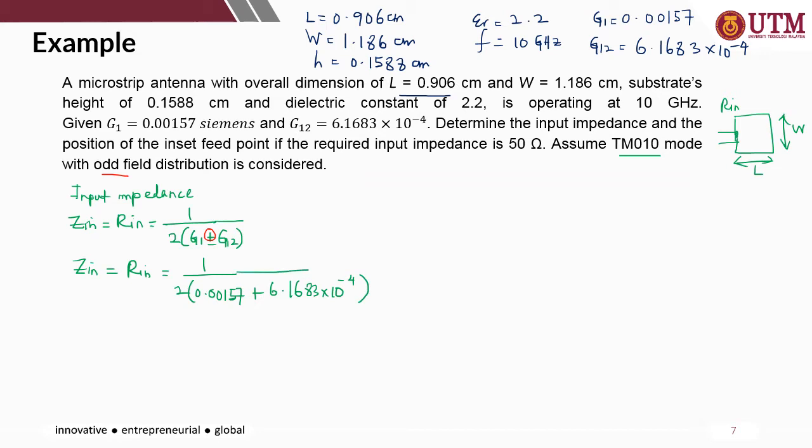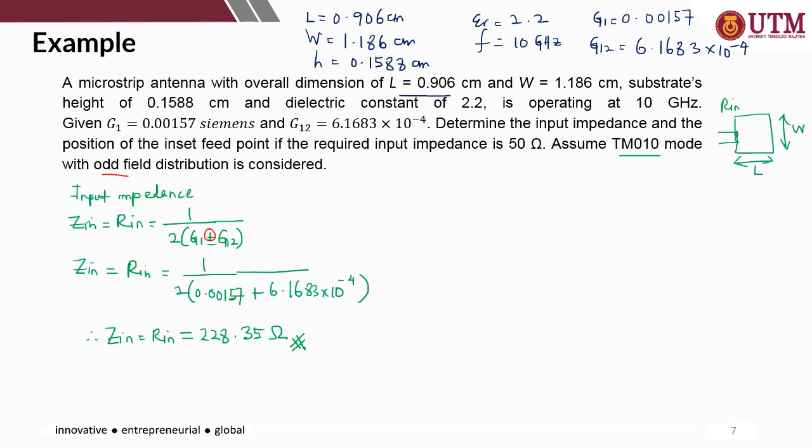So you get the R in equal to Z in equal to 228.35 ohms. Don't forget the unit. Okay, if G1 and G12 is not given, you need to consider using the equation considering the intrinsic impedance.